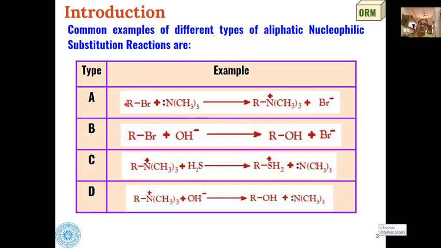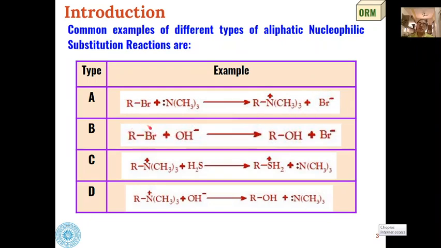Now, one example of each category. In the first case, the substrate is neutral as well as the nucleophile is neutral. So a neutral substrate will react with the neutral nucleophile, and we will have ionic products. Tertiary quaternary ammonium salts will be formed as the product.